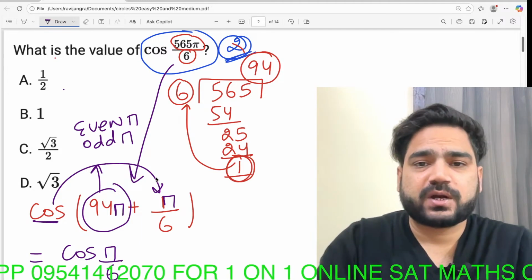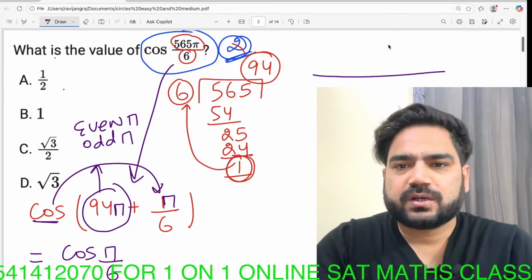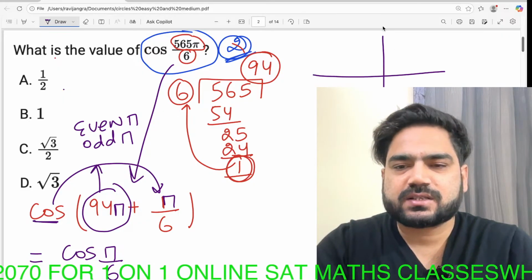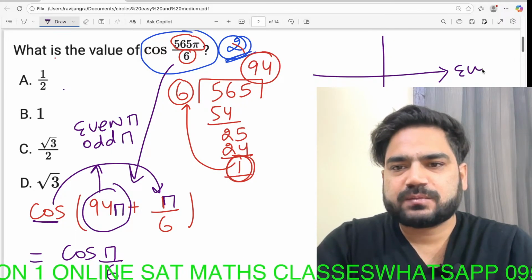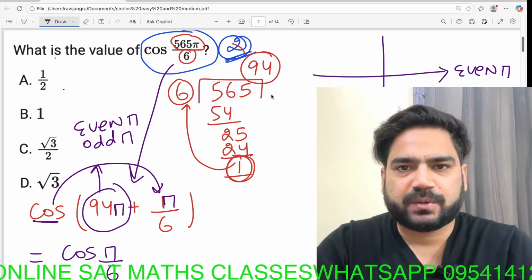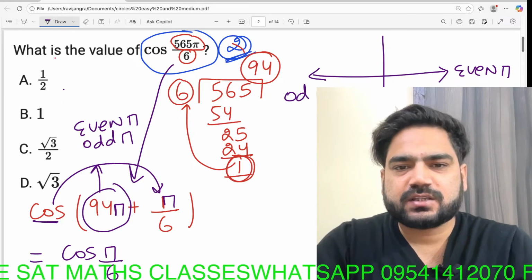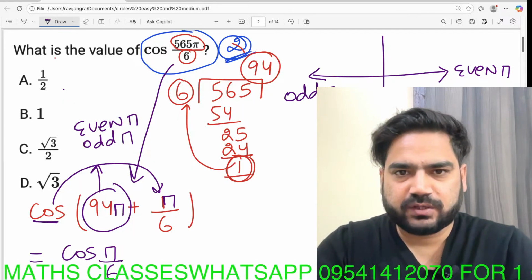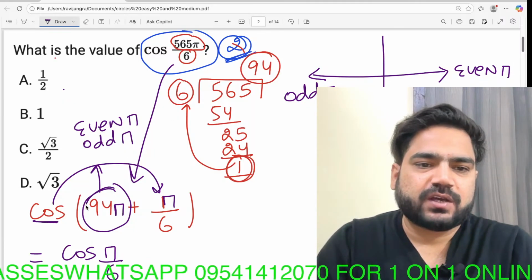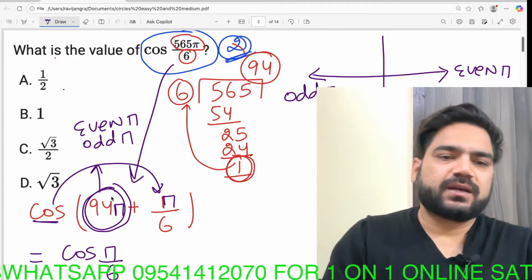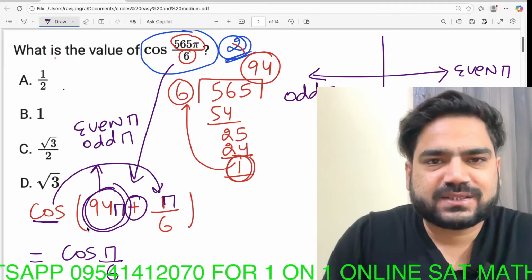Now how to check the quadrant? In basic trigonometry, this is the x-axis, this is the y-axis, so this positive x-axis shows even pi, and this negative x-axis shows odd pi. So in this question we have 94 pi, which means even pi, and after 94 pi a plus sign is there.